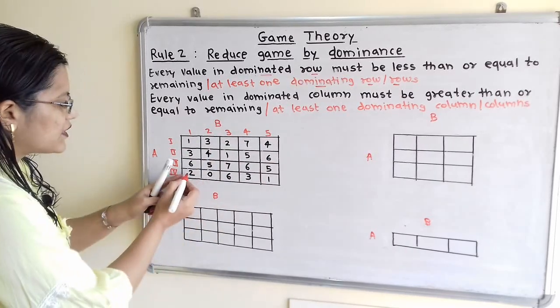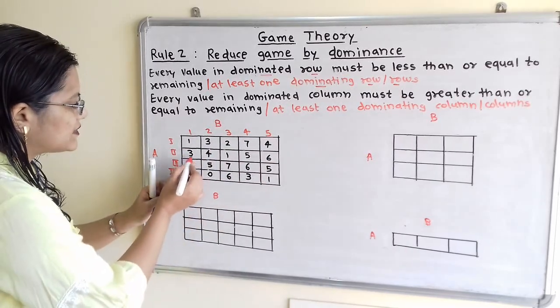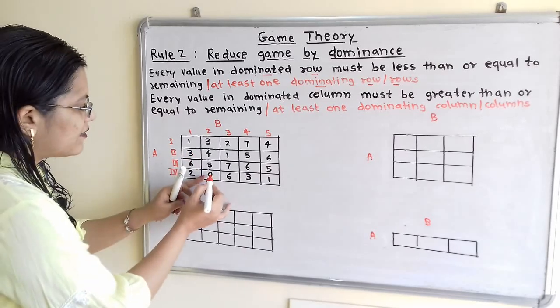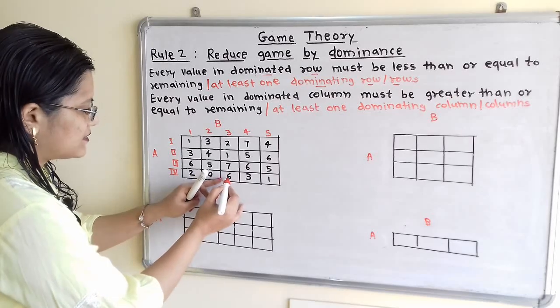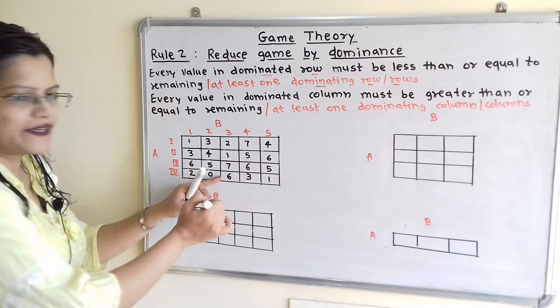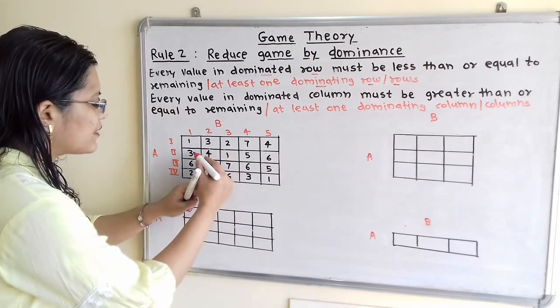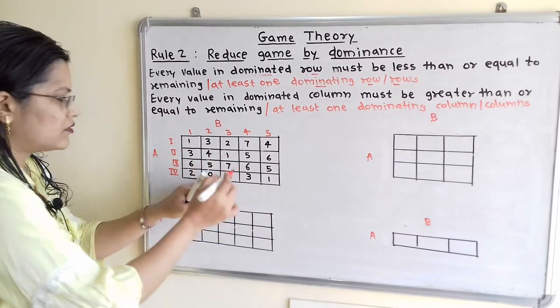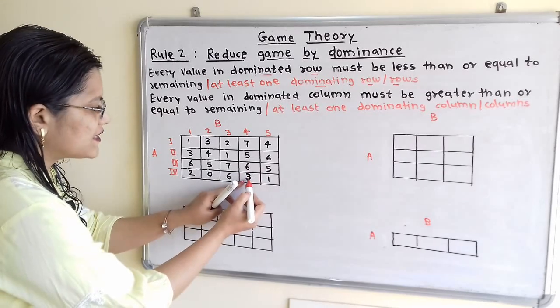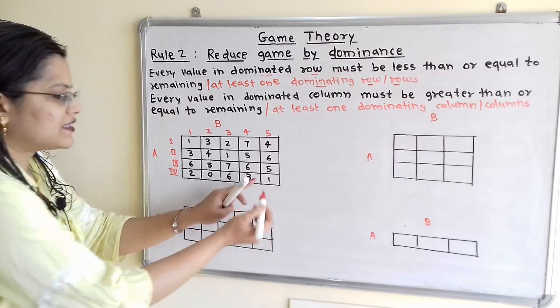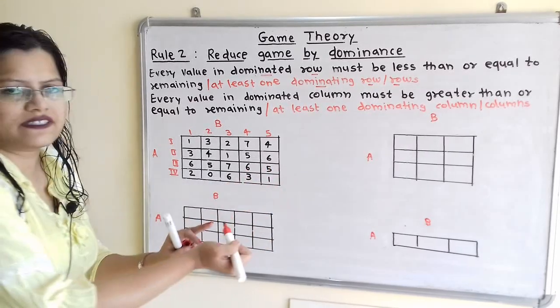So here is 2. 2 is less than 3 and 6. Then here is 0. 0 is less than 4 and 5. Here is 6. 6 is less than 7, so we should not consider this second row. Then here is 3. 3 is less than 6, and here is 1. 1 is less than 5.